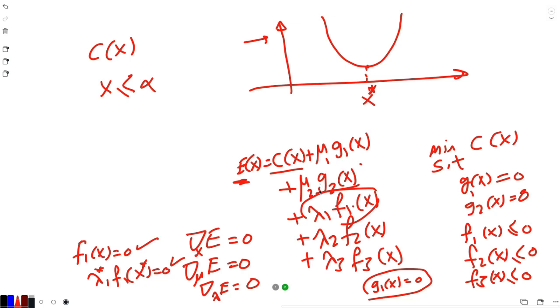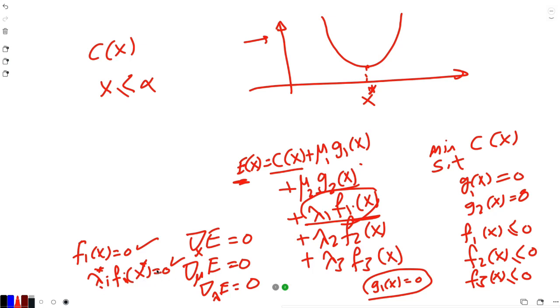But the point which might not be that clear is how this inequality contributes 0 to this equation at the optimum solution. Why? Okay. Actually, to explain this point clearly, why the optimum lambda_i times the optimum f_i, for any ith inequality, the multiplication is 0.